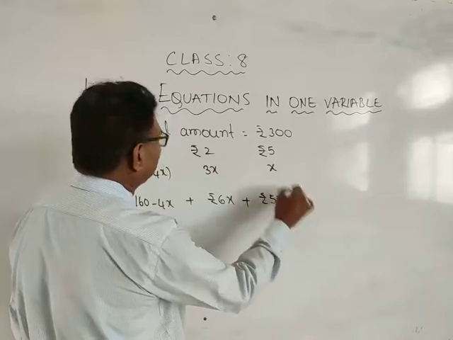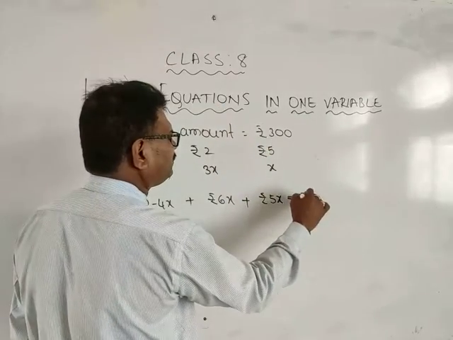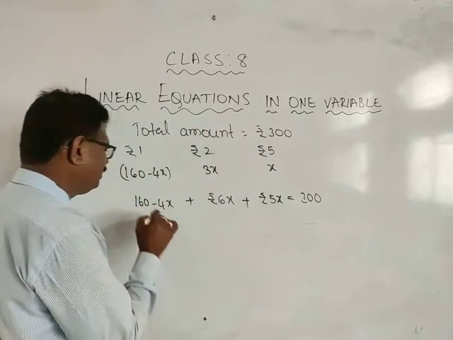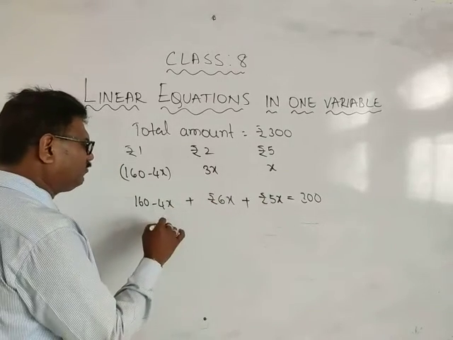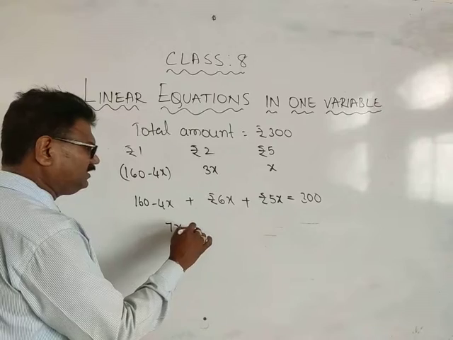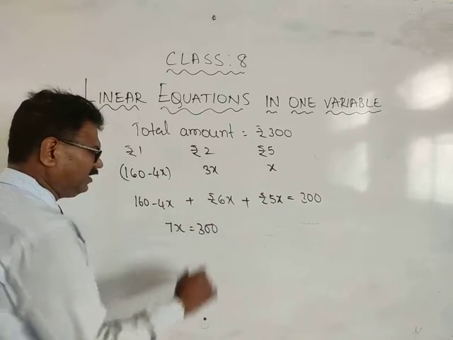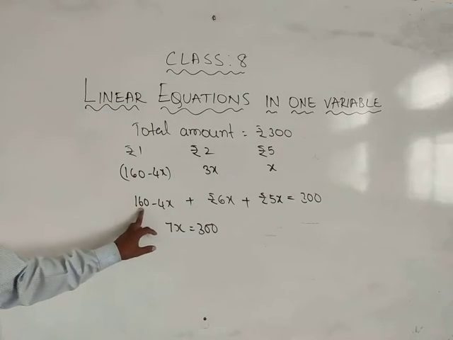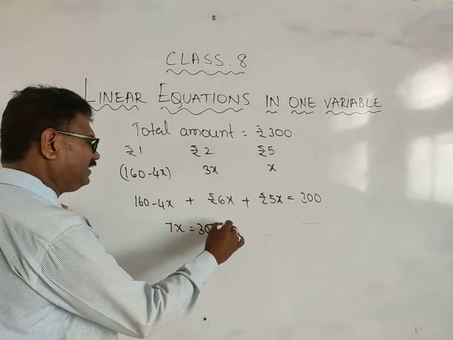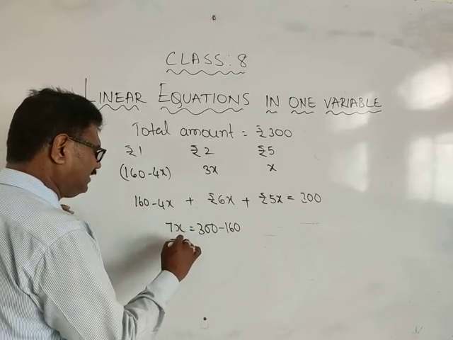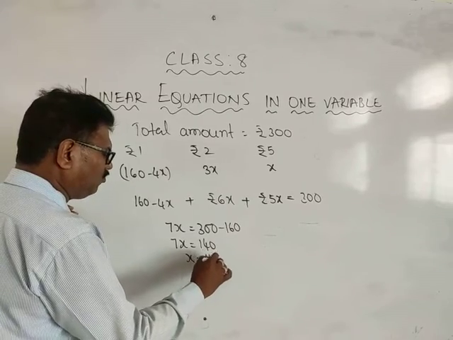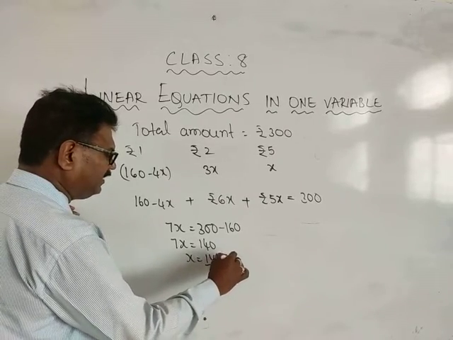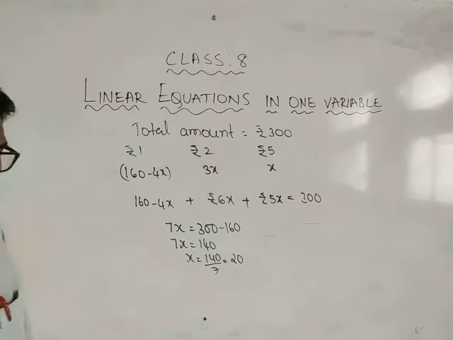Your total amount is 300, so 6x plus 5x, 11x, minus 4x is 7x, equals 300 plus 60, minus 160. 7x equal to 140. Therefore, x equal to 140 divided by 7, which is 20.